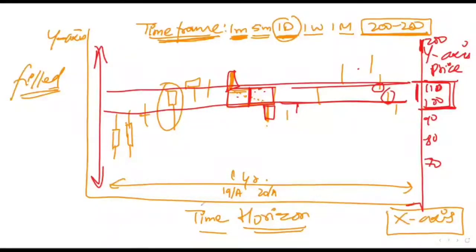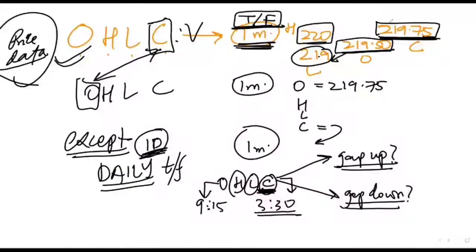Now, let's say the last price data which we have, and let's say I'm talking about a 1 day time frame. Now you have understood what a time frame is, all of you. Time frame is basically when we have 1 minute, 1 day, 1 week. You need to choose the time frame, right?